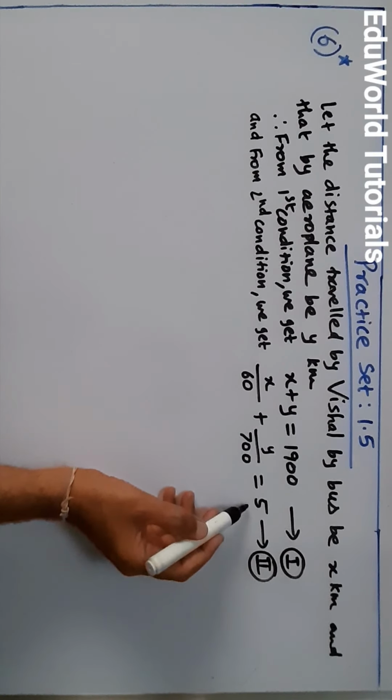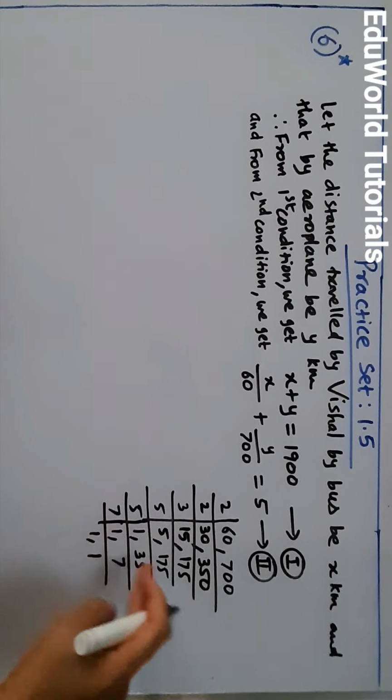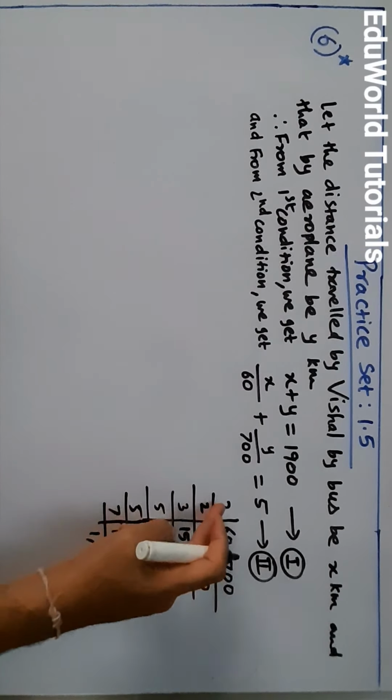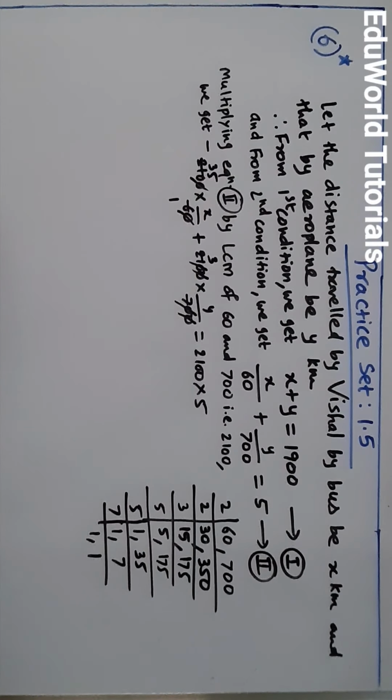Now I have to modify the second equation because it has denominators 60 and 700. I will take the LCM of these. I factorize them together: 2 2s are 4, 4 3s are 12, 12 5s are 60, 60 5s are 300, 300 7s are 2100. So the LCM is 2100.